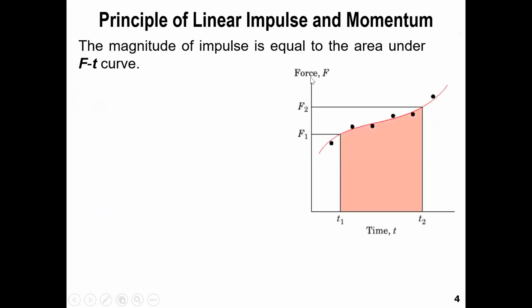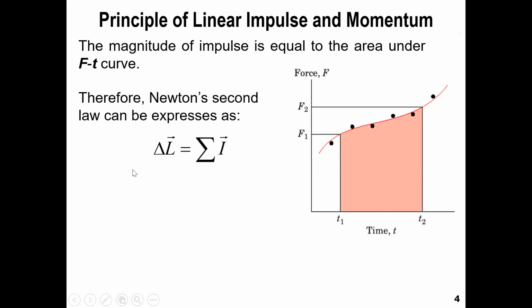So if I show the variation of force over time as a function, with the horizontal axis time and the vertical axis F, and F is a function of time, and you get this function, technically the linear impulse is the area under the curve. And that's the magnitude, obviously, because force is a vector, you just show the magnitude. Can it be positive? Yes. Can it be negative? If you go below the horizontal axis, it will be negative.